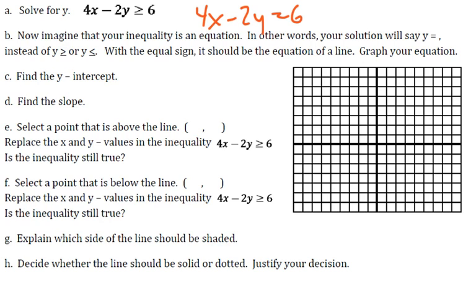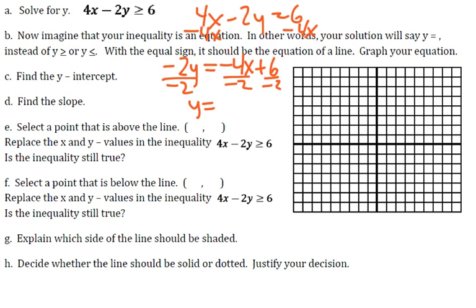So first I would subtract 4x, get negative 2y equals negative 4x plus 6, divided by negative 2. We'd end up with y equals positive 2x minus 3.